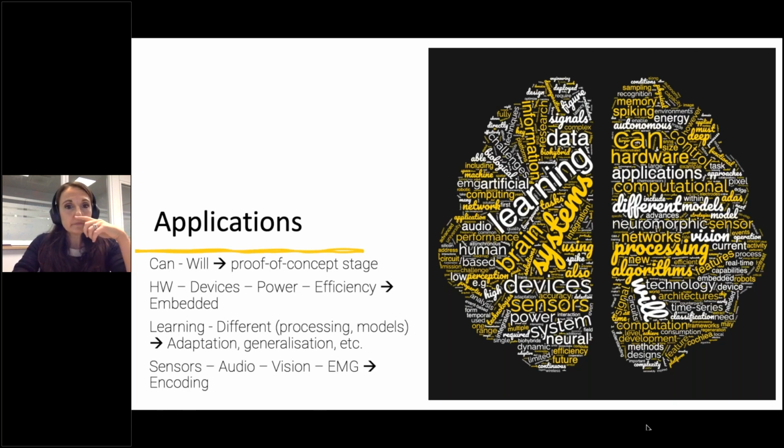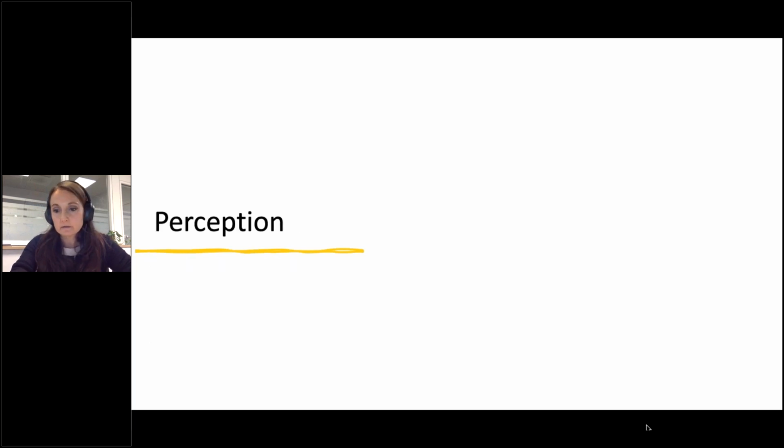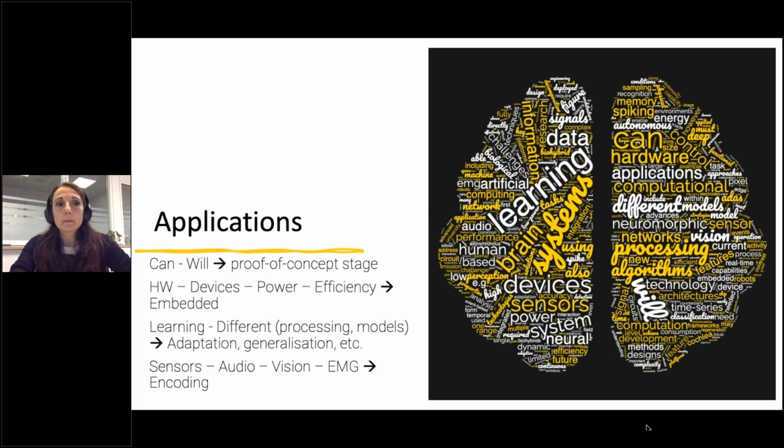The other keywords that you can see are hardware, devices, power, and efficiency. And this leads to embedded systems. So as you heard also before, the idea of neuromorphic engineering is to really create devices that are more performing in terms of power, efficiency, and size, with respect to traditional von Neumann computing.